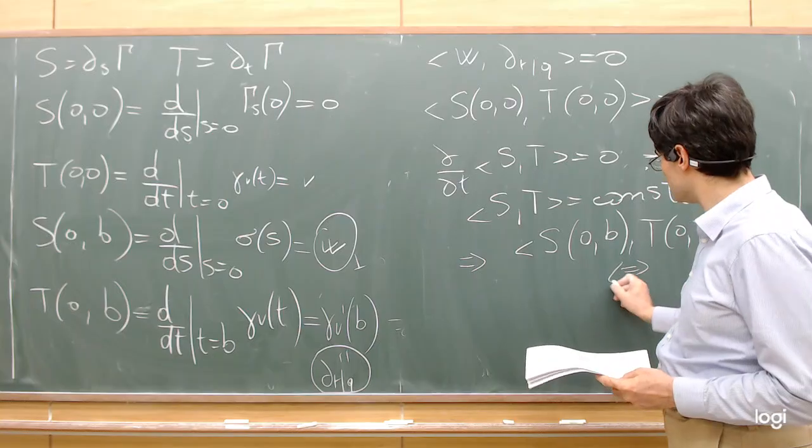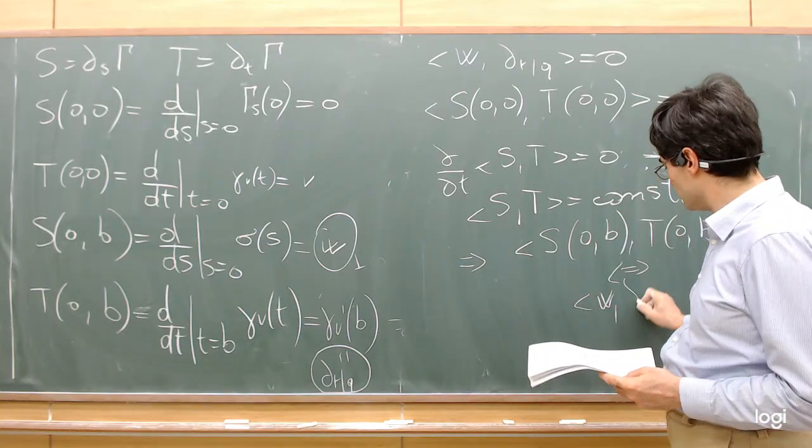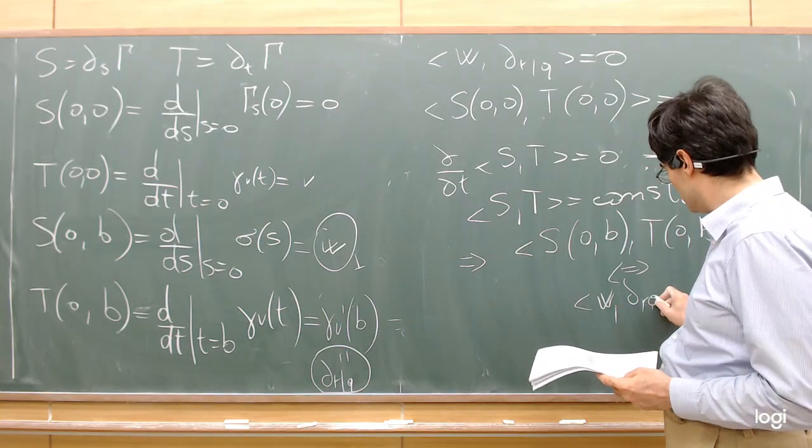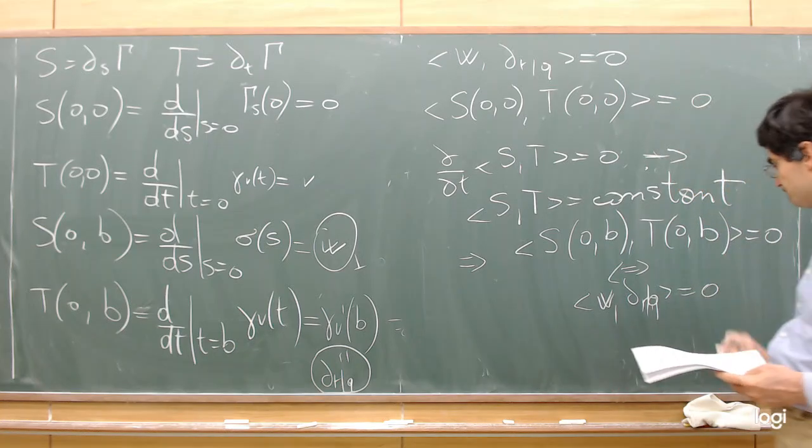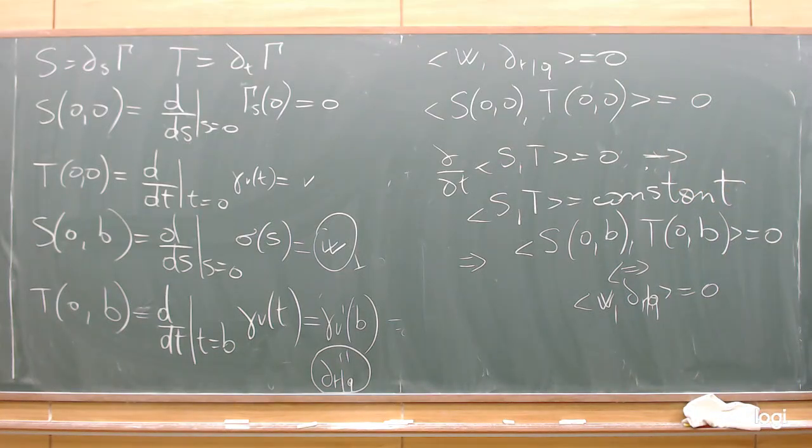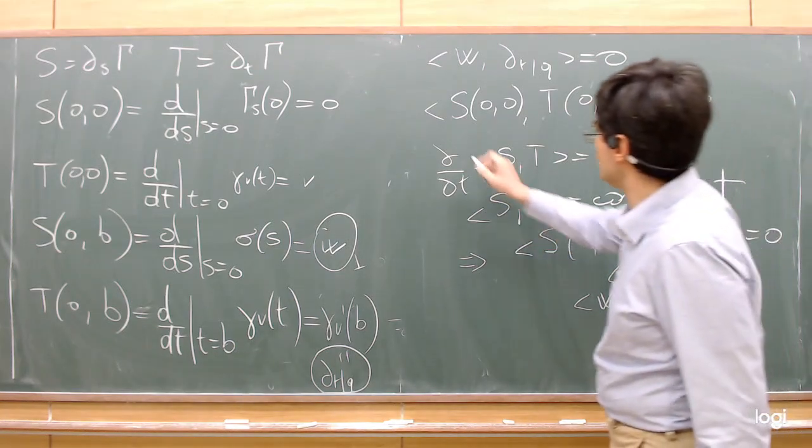That is, W and delta R at Q are orthogonal. So it remains to prove this.